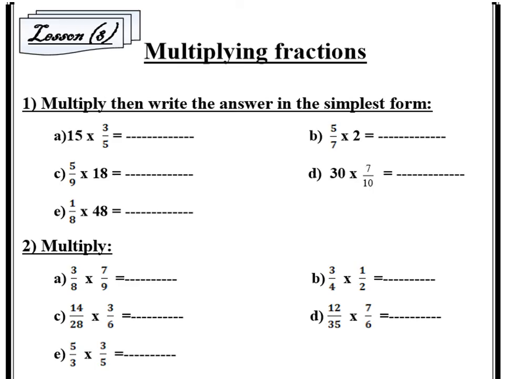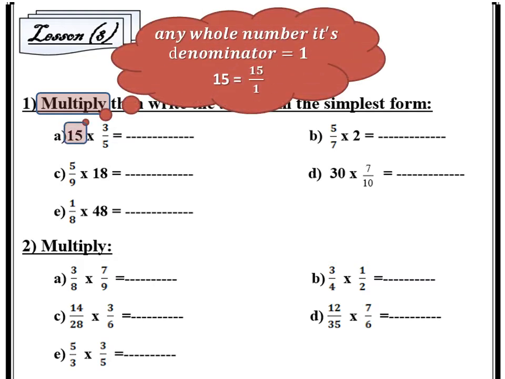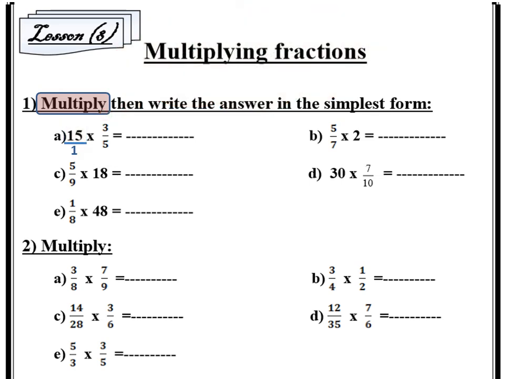Okay, let's start. Question number 1, they are asking you to multiply, then write the answer in the simplest form. This time they are giving you a whole number to multiply by a fraction. Let's remember together that when we have any whole number, we make its denominator 1 to change it into fraction form.